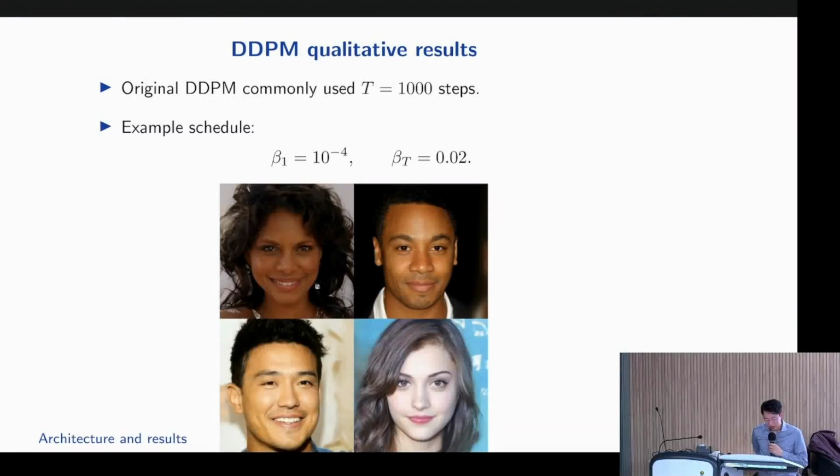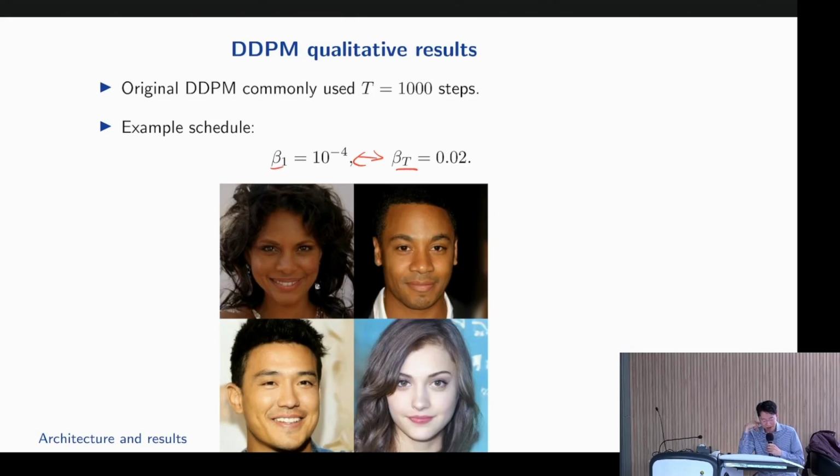And the original DDPM paper used 1,000 steps with this kind of scheduling. With beta 1 to beta t, you have smooth scheduling between indices. And this was the generated quality. Compare this to the VAE generated faces and digits. So the sheer difference in resolution was revolutionary when it came out.